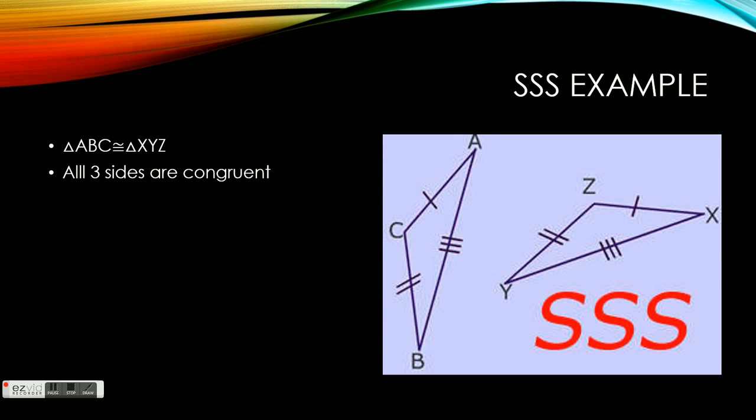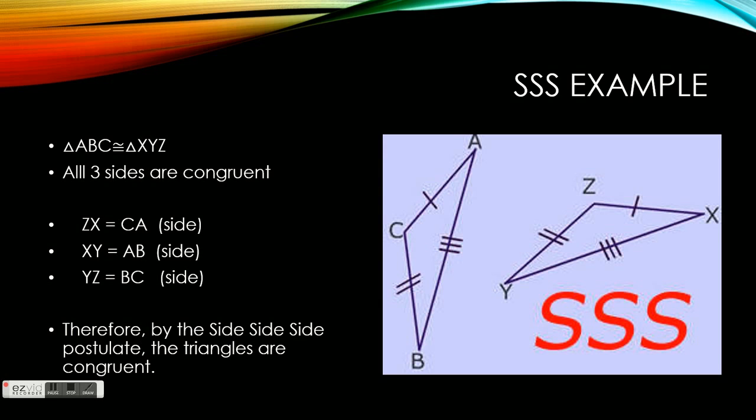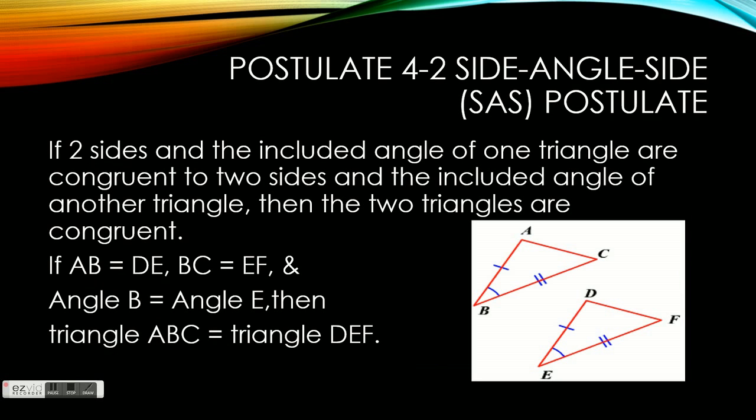To prove that these triangles are congruent, ZX has to be equal to CA, XY has to equal AB, and YZ has to equal BC. So therefore, by the side postulate, the triangles are congruent. Now remember, when writing the triangles, they need to be written in the proper order.